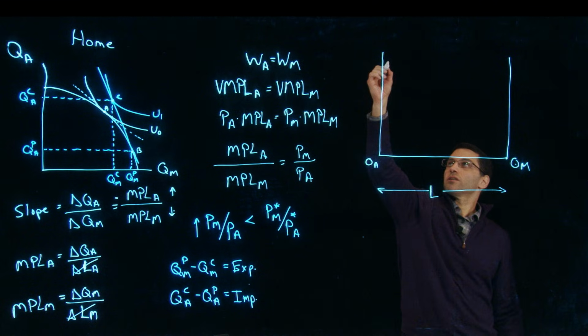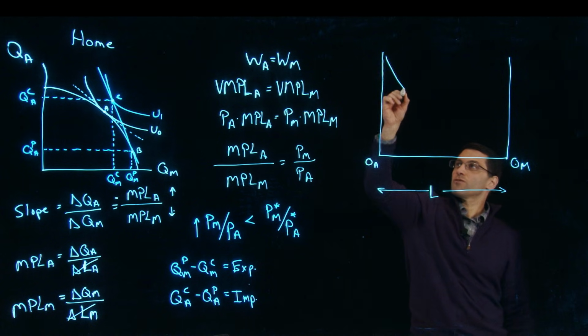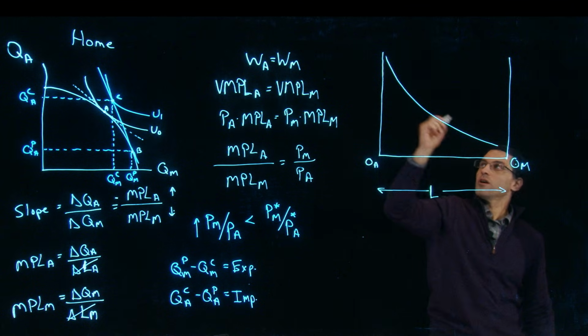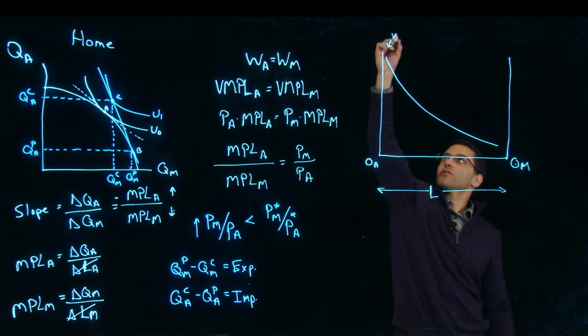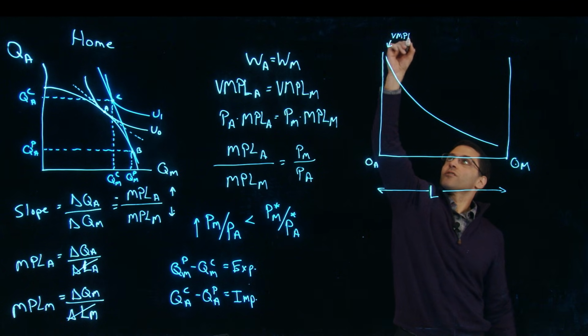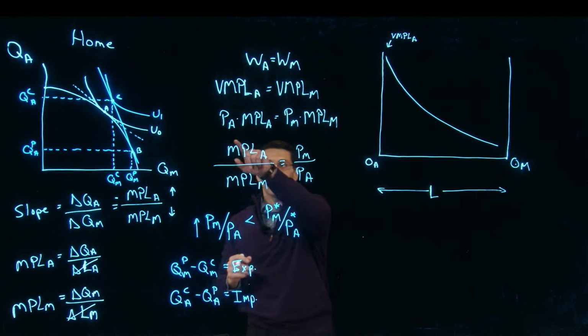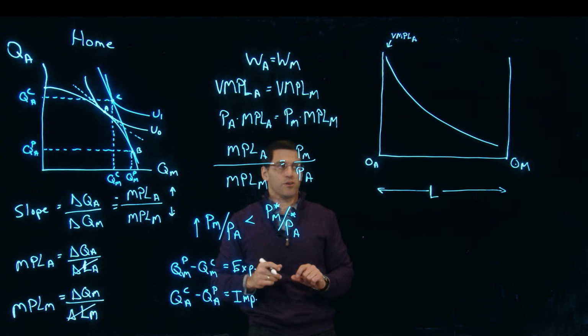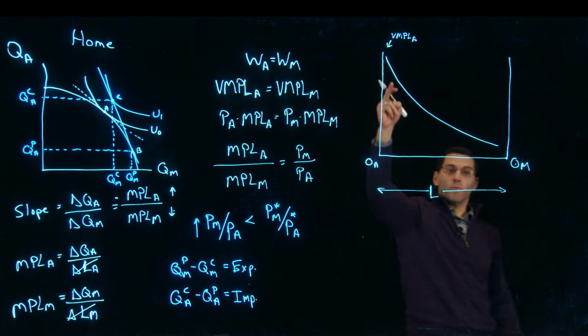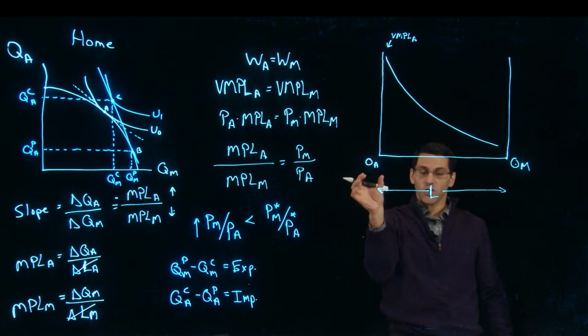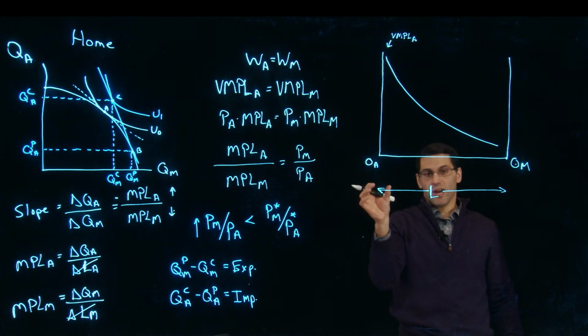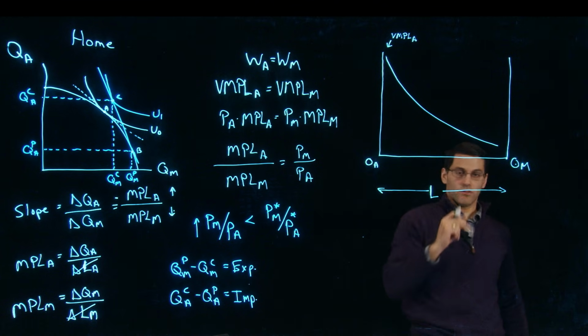So in other words, here we've got the curve for the value of the marginal product of labor in agriculture. And remember, that is the price of the agricultural good times the marginal product of labor in agriculture. And that's going from left to right because we're measuring the quantity of labor employed in the agricultural sector from left to right.